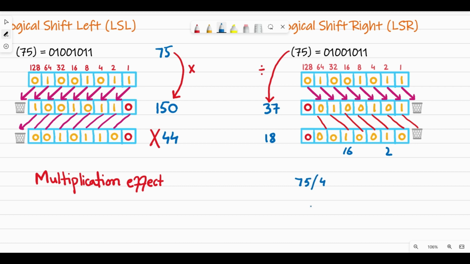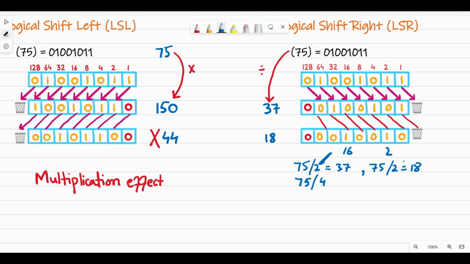by 4. As we have done it in steps, 75 divided by 2 came up with 37. Then again divided by 2, we came up with 18. As we have divided the original number twice by 2, we can say we have divided the original number by 4.